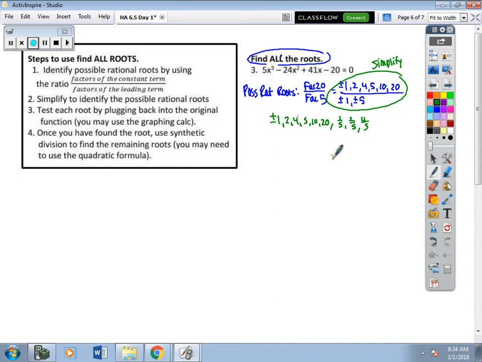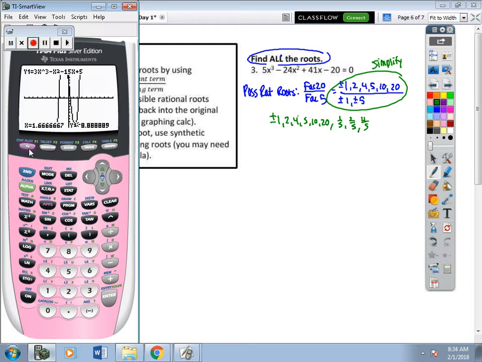And then you need to figure out, of those rational roots, which ones actually are roots to the equation. So we'll go to our graphing calculator so that we don't have to evaluate all of these by hand. And we'll type this into our y equals.